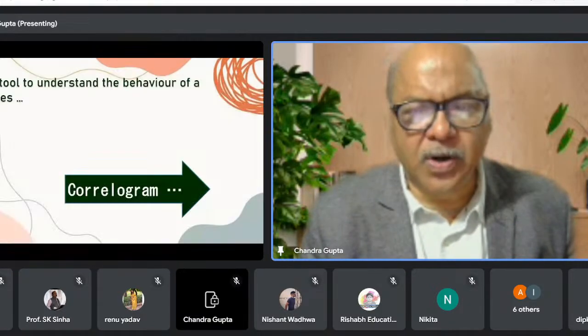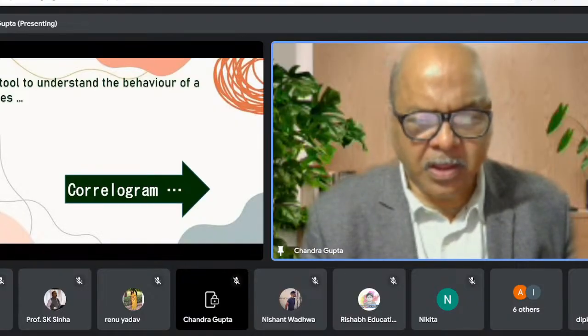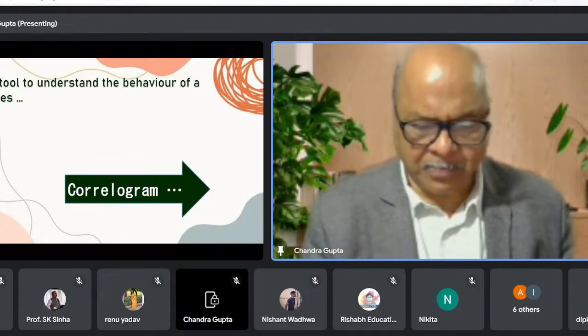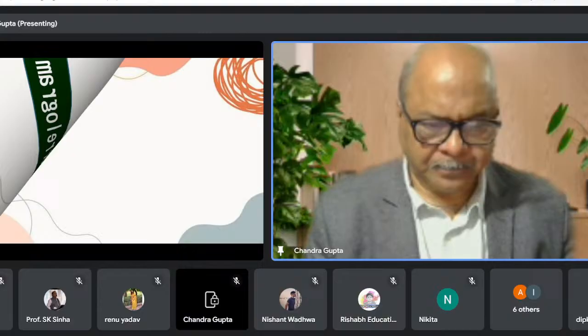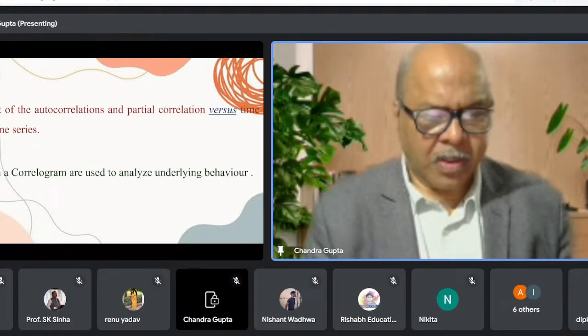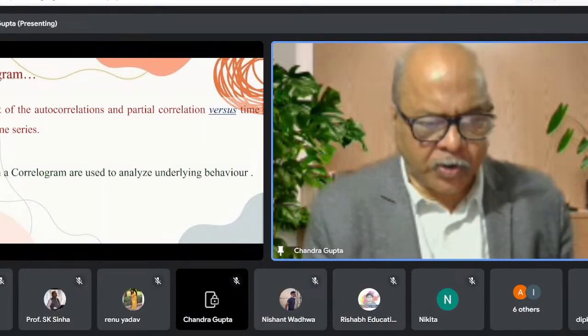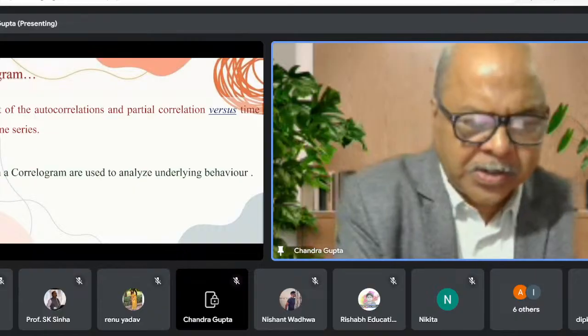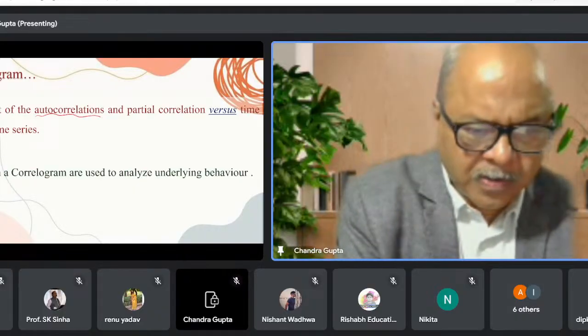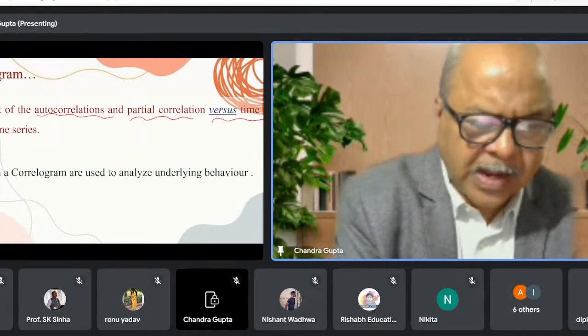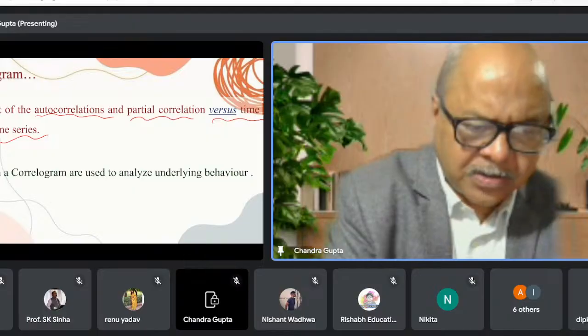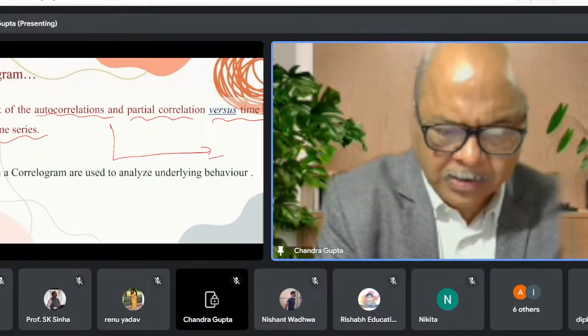Another tool to understand the behavior of the time series is correlogram. Correlogram is a plot of the autocorrelations and partial autocorrelations versus time lag of a time series. So you have a time lag.